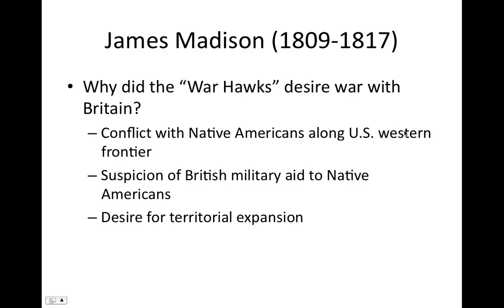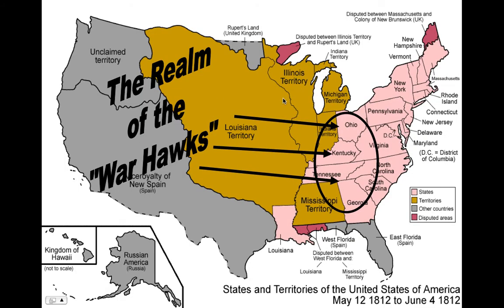So what's their thing? Well, the British continue to have a very strong presence, of course, in what is today known as Canada, right? And the British also continue to have a military presence in American territory up here as well.